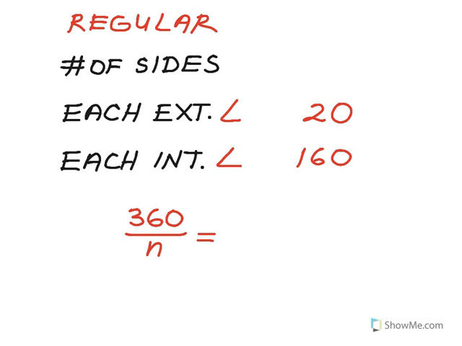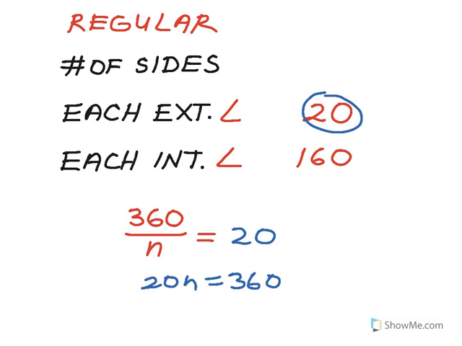So in this case, if that exterior angle is 20 degrees, I know that 360 divided by n is 20. So then I can just solve for n. I multiply both sides by n to get 20n is 360. So n is 18. Okay, that tells me there are 18 sides to that polygon.